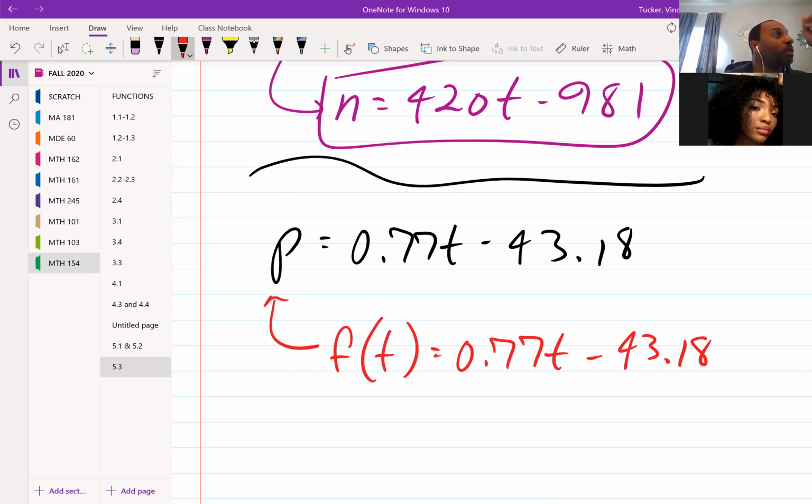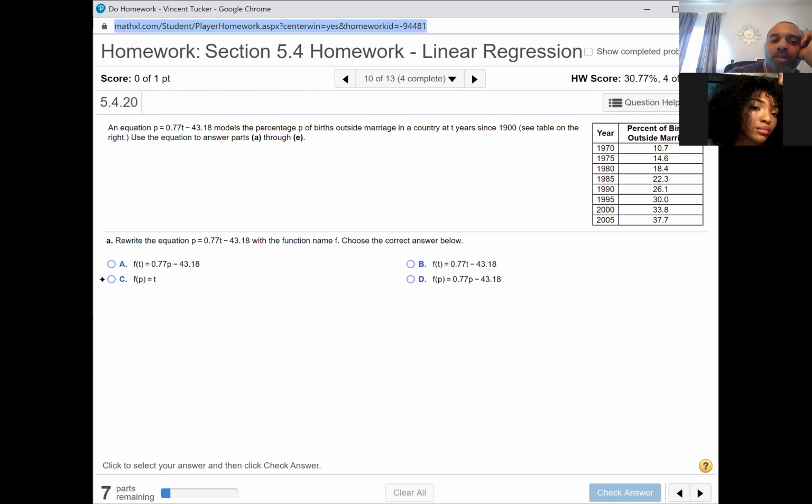I want you to replace it with the function f. So you don't write f of p, because remember, what this function notation says is that I'm going to plug in a number for t, and that will tell me to plug that number for t into my function. So this is how you would rewrite that equation. You substitute this f of t for P itself. So that'd be f of t right here.